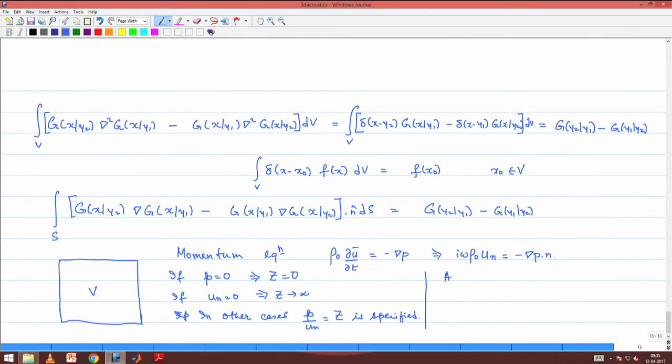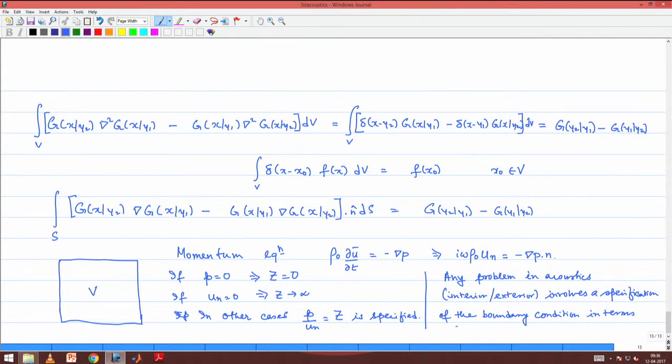Not only that, there are some mixed boundary condition problems which require a specification of pressure by velocity, that ratio gets specified, and therefore, we claim that any problem in acoustics, interior or exterior, involves a specification of the boundary condition in terms of impedance.